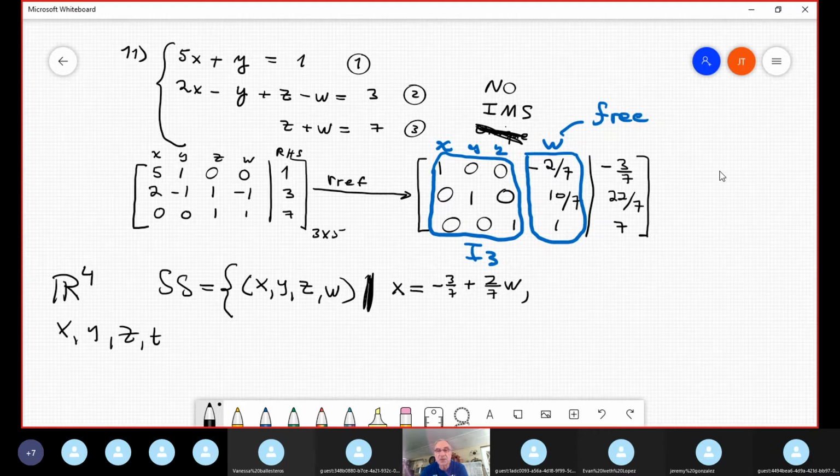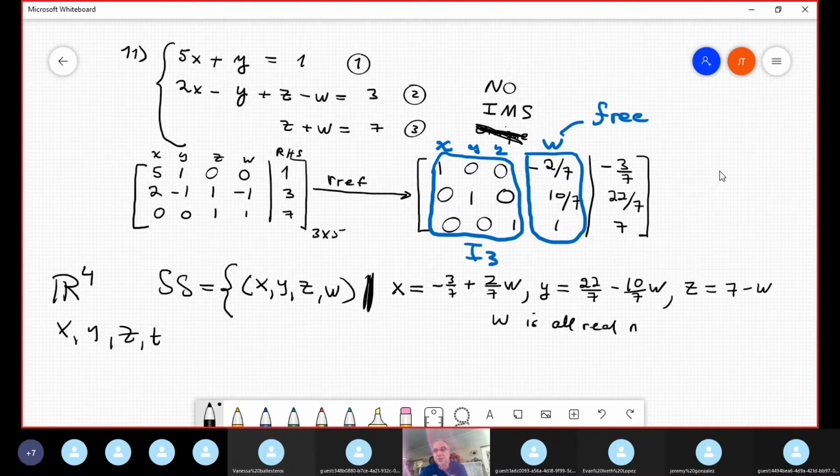And y is equal to positive 22 over 7 minus 10 over 7 w. And finally, z is 7 minus w, because this one comes to the right hand side like a minus 1, no? And w is free. W is free, which is synonymous with saying all random.